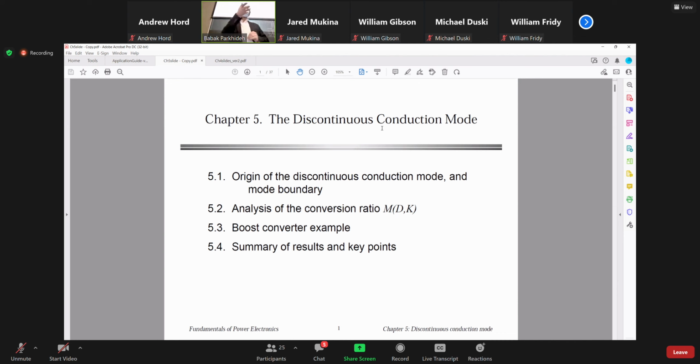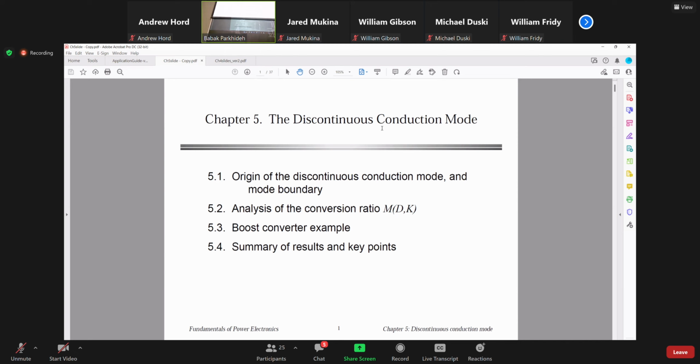We briefly touched on the concept of the discontinuous conduction mode, but the point that matters here is that some devices, let's say you just have the diode here, don't allow the current going from top to bottom.